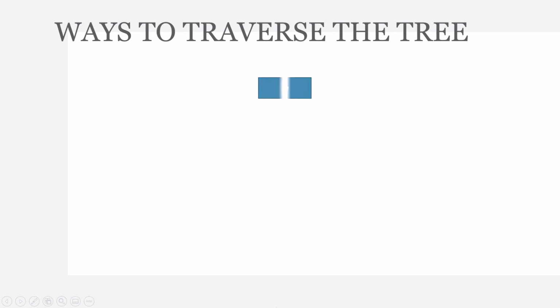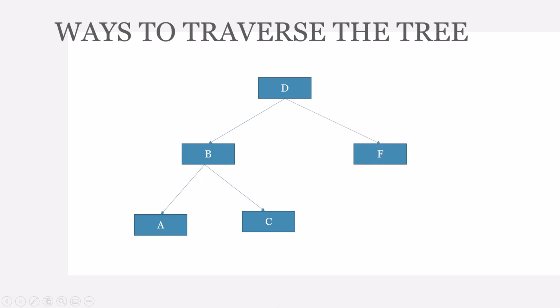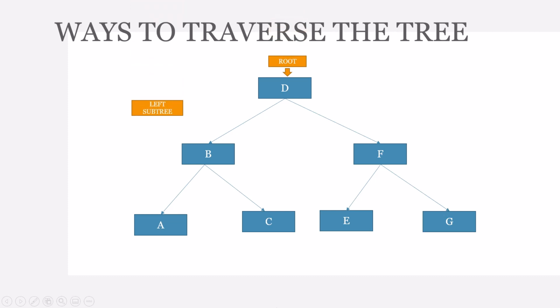Let's look at those. So we have a tree here, a binary tree that is, with the different nodes. And of course we have the root, the left subtree, the right subtree, and the terminal nodes.